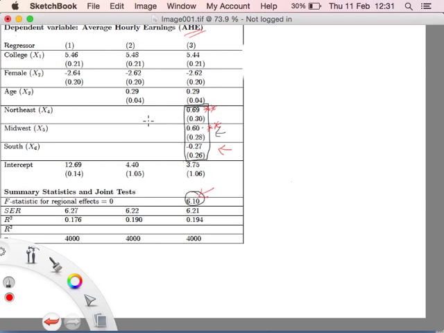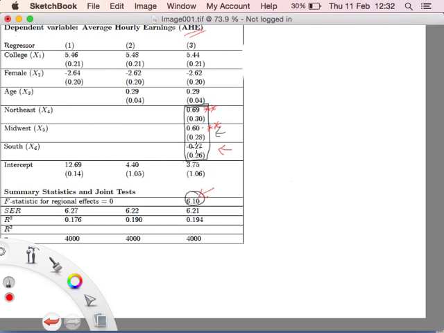So a person coming from the Northeast will earn 69 cents per hour more than a person from the West, the omitted category. A person coming from the Midwest will have 60 cents per hour more earnings than a person from the West. And a person from the South will have 27 cents less wages per hour than a person from the West.